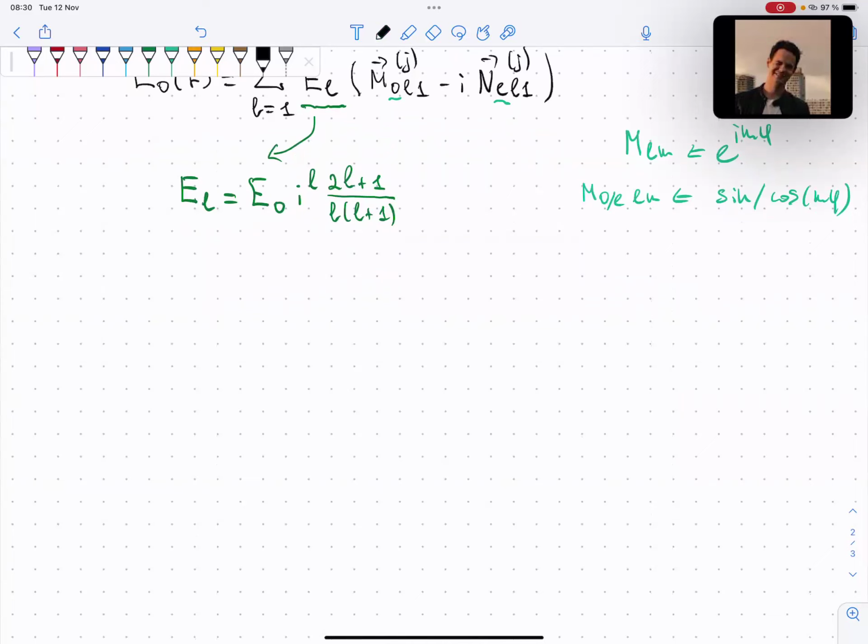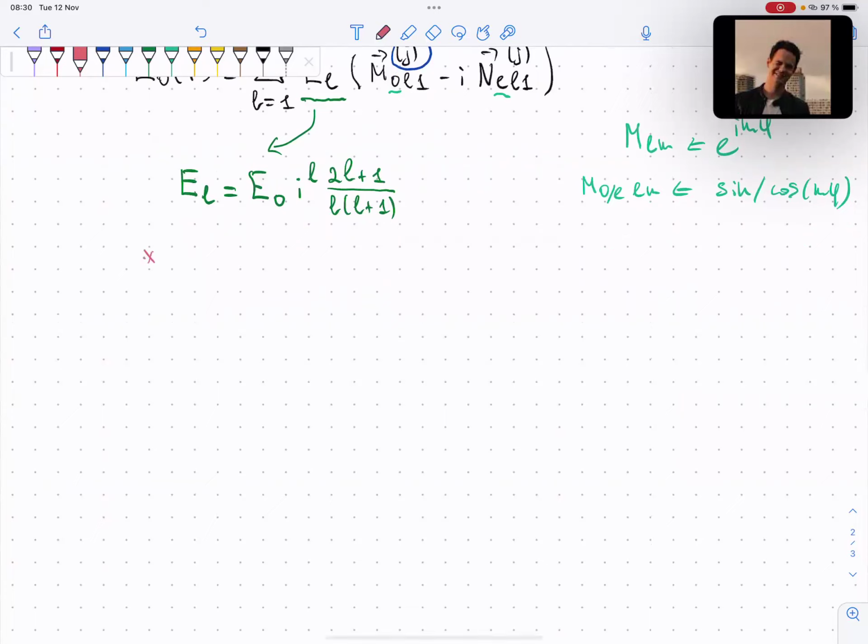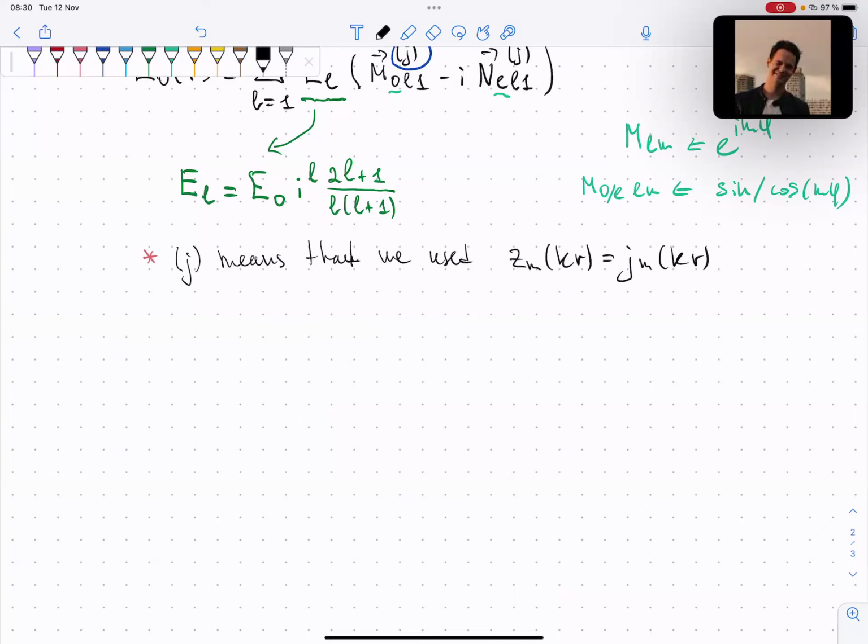And this index j here refers to the Bessel functions that we used. Here index j means that we used spherical Bessel functions of the first kind.